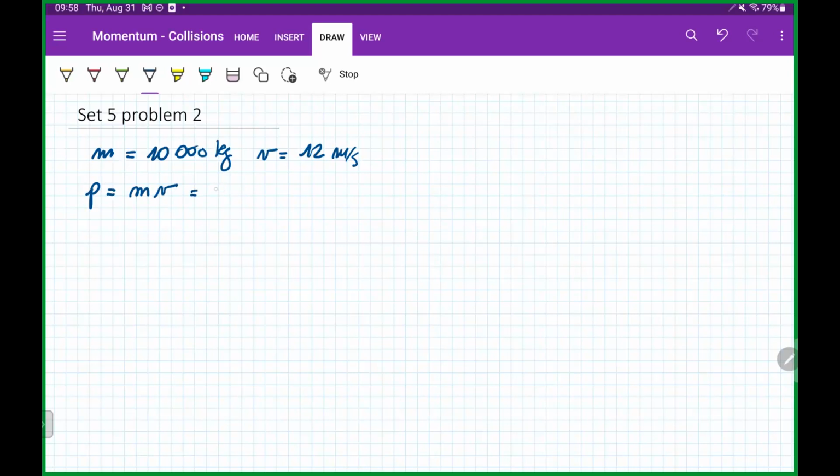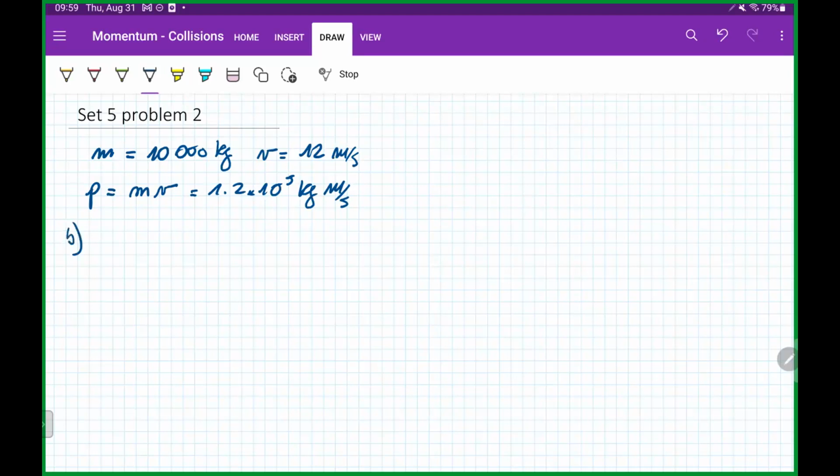So that's 1.2 times 10 to the fifth kilogram meters per second. So we're simply multiplying that. Right, so it's pretty straightforward. It's just an application of the definition of the momentum.